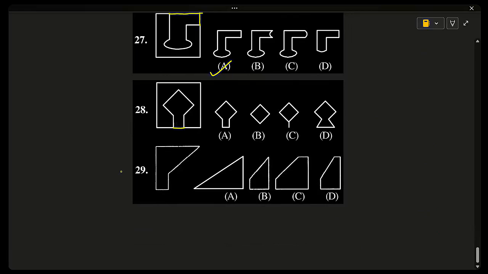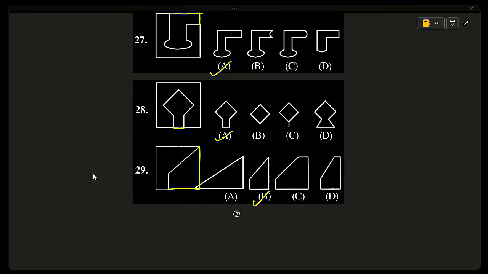So this part is seen in option A. And the 29th one, to complete the square, you can draw like this and you can see this pattern in option B. The same shape is there in option B. So don't give priority to the size, only the shape, because the question figure is given somewhat big.